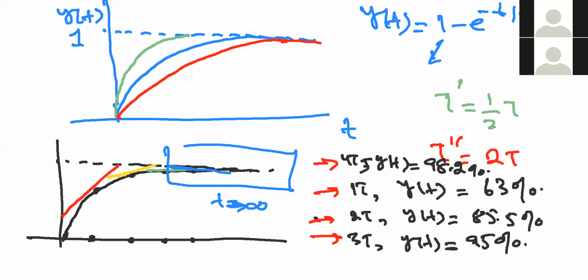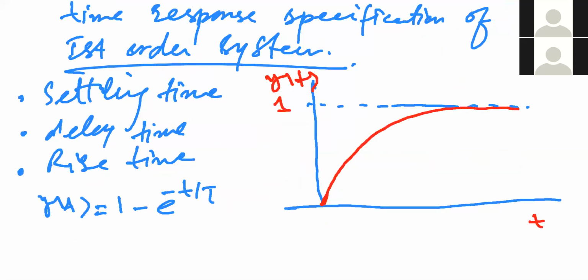So we say that when the response remains within 2% of the final value, that is called the settling time.